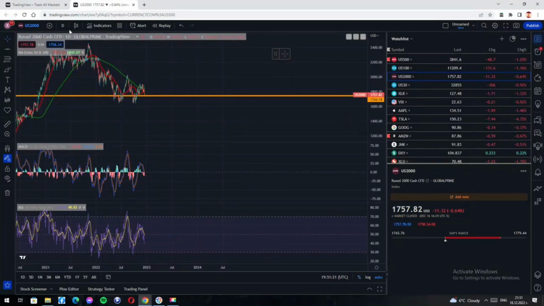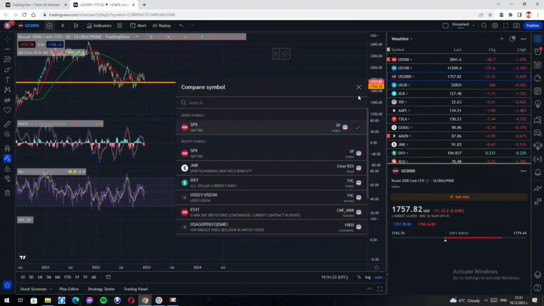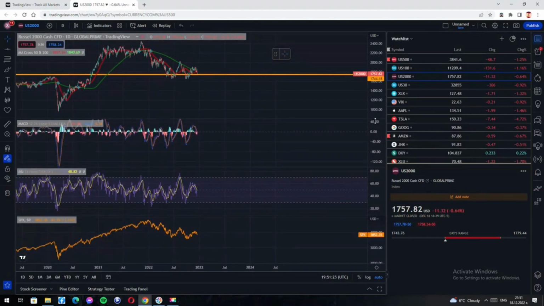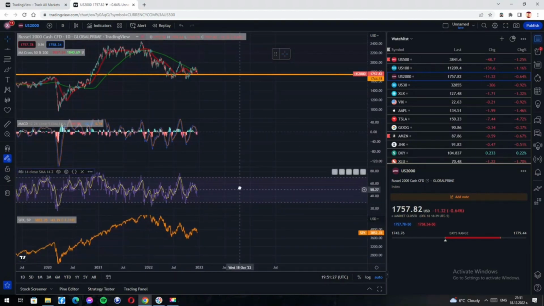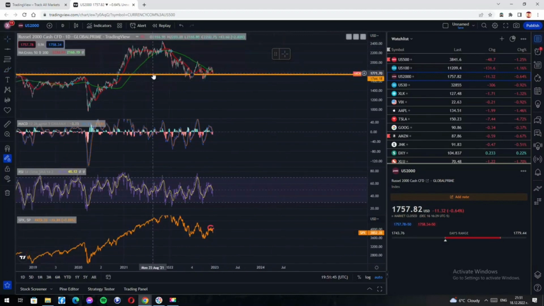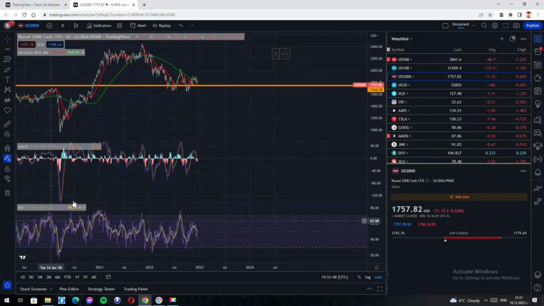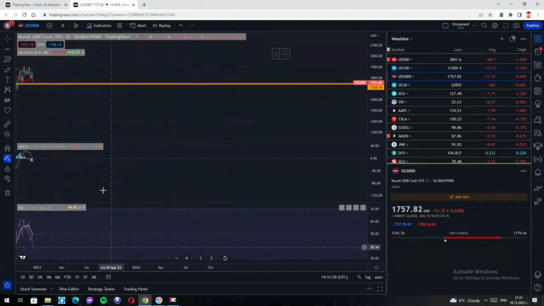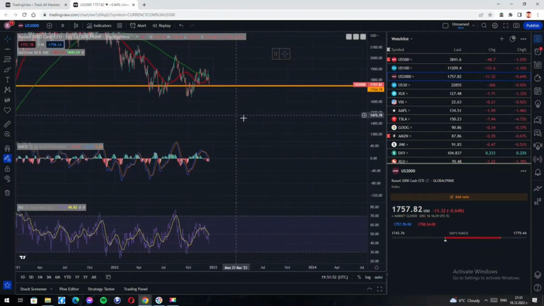While the S&P 500 was making higher highs right here, the Russell made equal highs, which indicates bearish divergence of the small cap companies from the S&P 500.